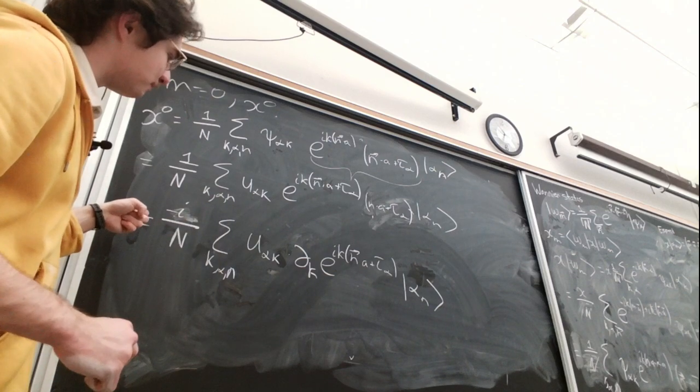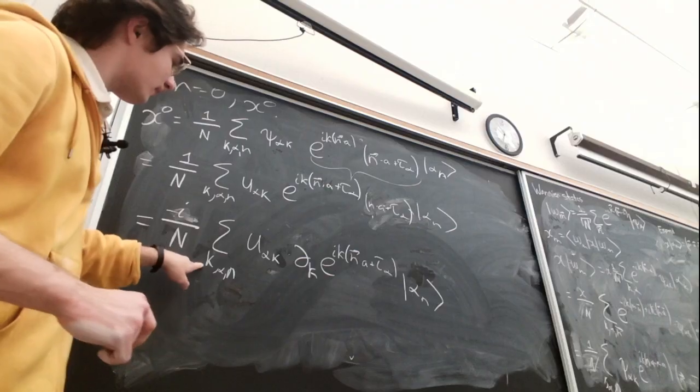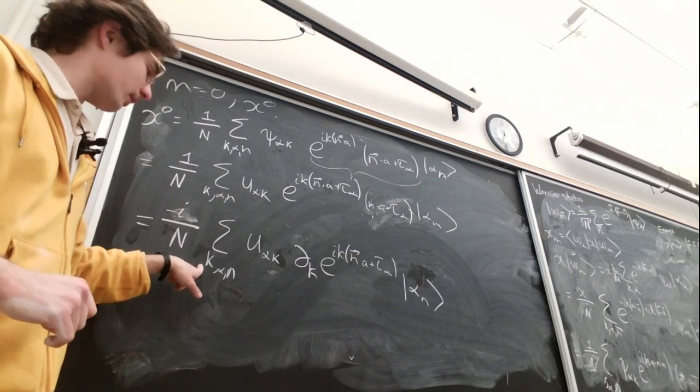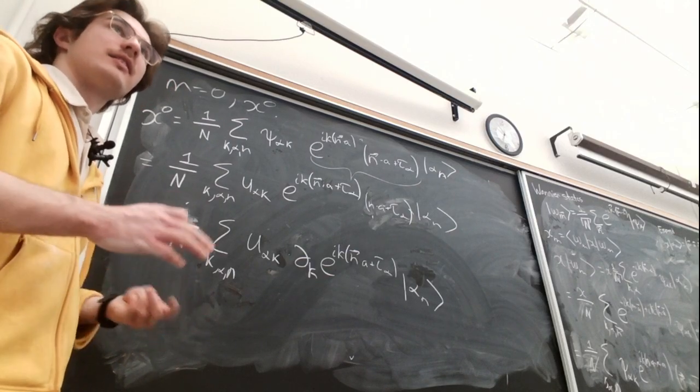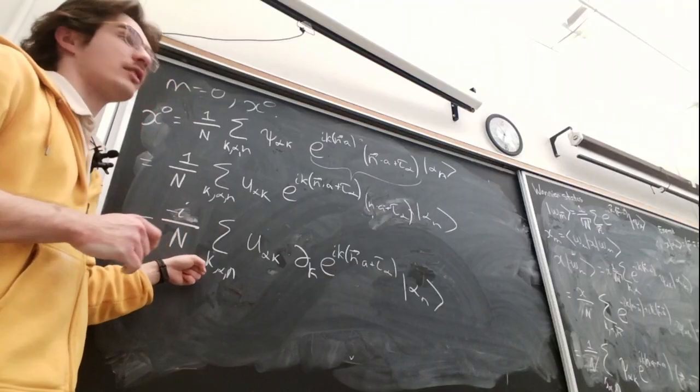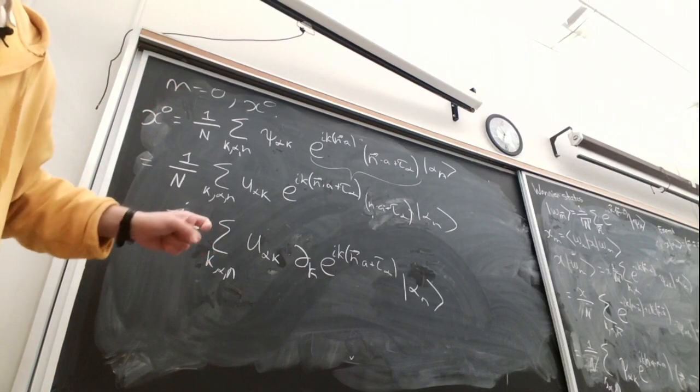Good. And so we're very close to getting the connection finally. Okay. This is a k. Do you agree? Sum over k. And if my system is sufficiently large, whatever, I can turn this into an integral. Do you agree?